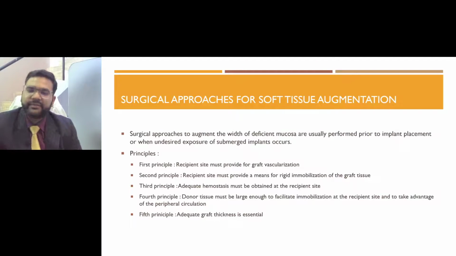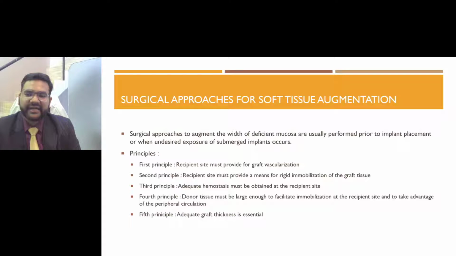Now coming to surgical approaches for soft tissue management. Surgical approaches to augment the width of the deficient mucosa are usually performed prior to implant placement or when undesired exposure of a submerged implant occurs. What are the principles of augmenting the tissue? The first principle is that the recipient site must provide for graft vascularization.